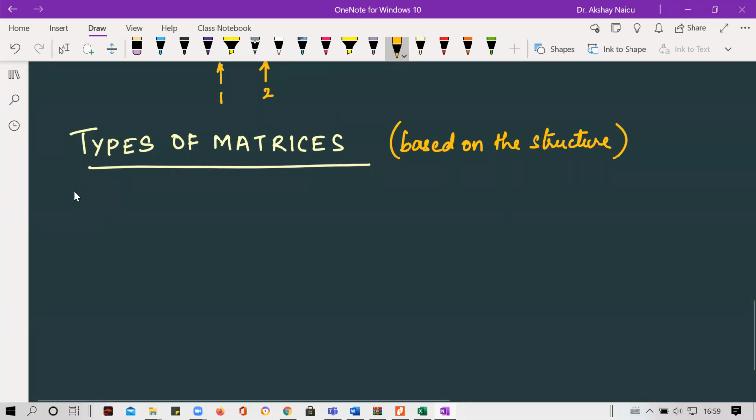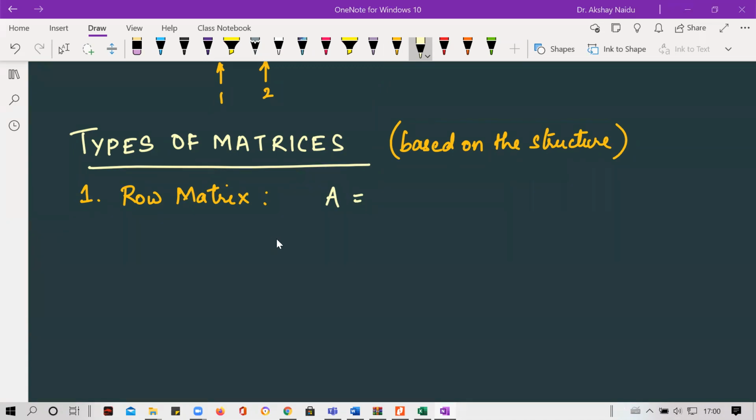The first one is a row matrix. What is a row matrix? Anybody? Please share. Please feel free. Don't feel shy.